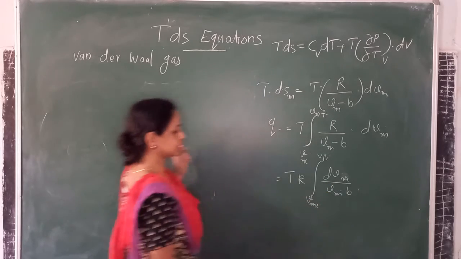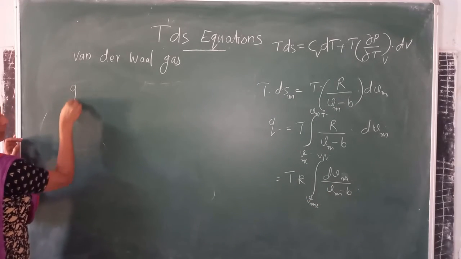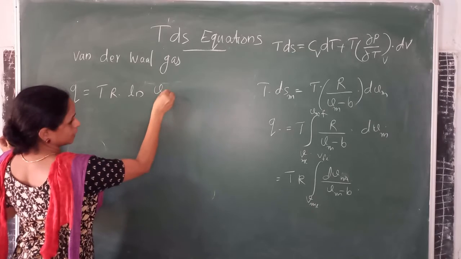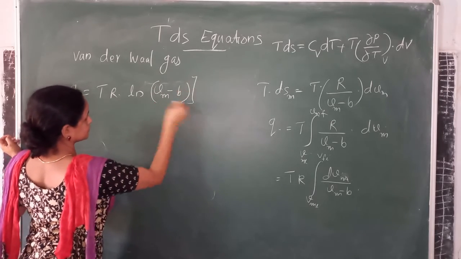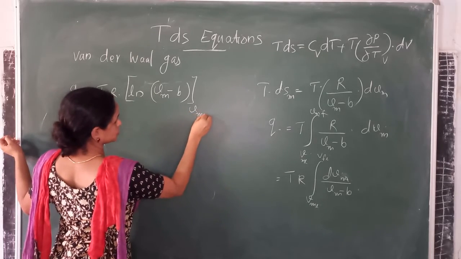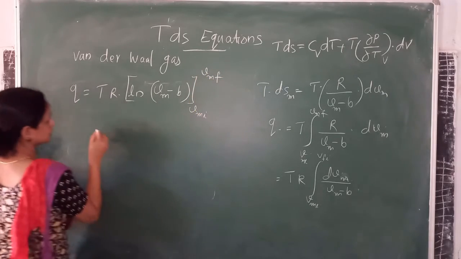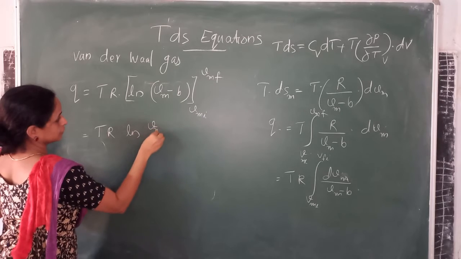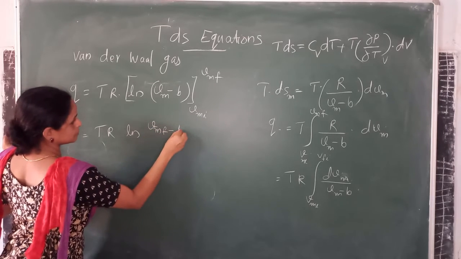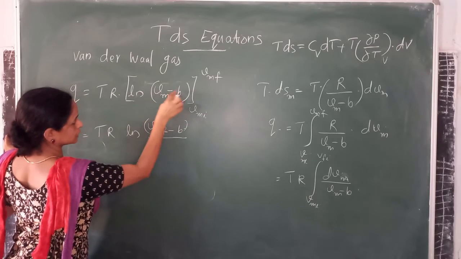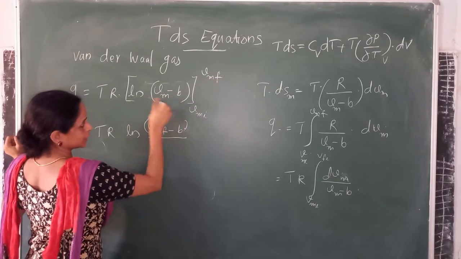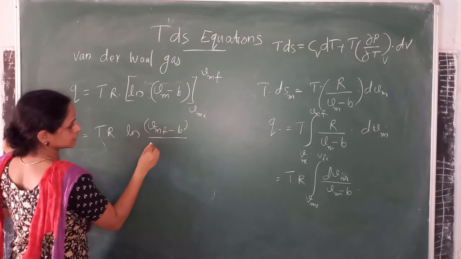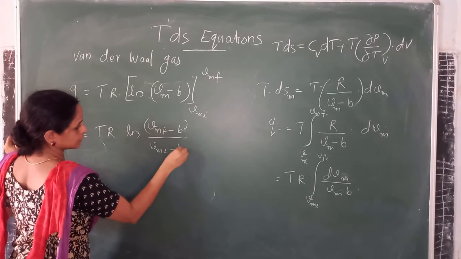This will be a log quantity. So Q equals T R ln(V minus b) from Vmi to Vmf, which equals T R ln of (Vmf minus b) divided by (Vmi minus b), since it is log of this minus log of that, so log A by B.